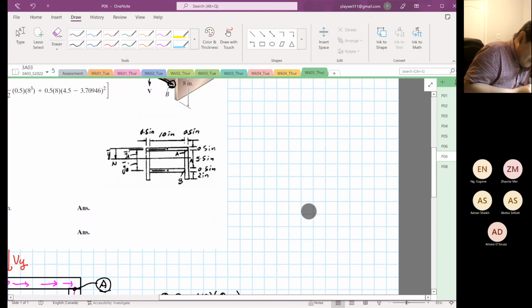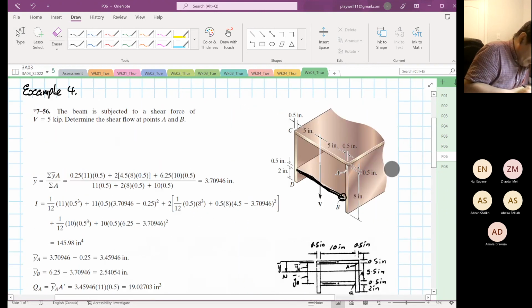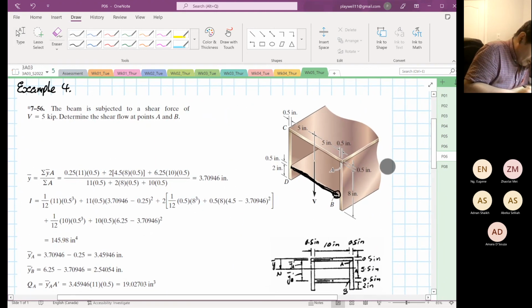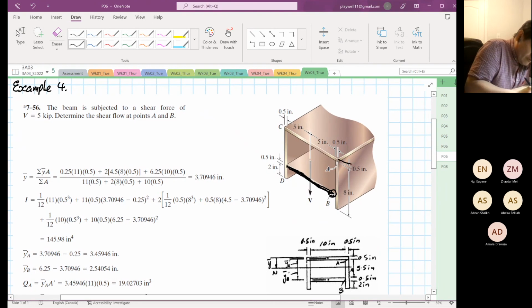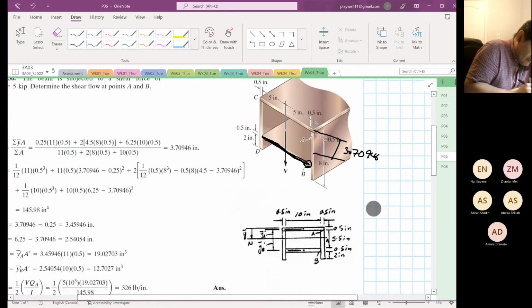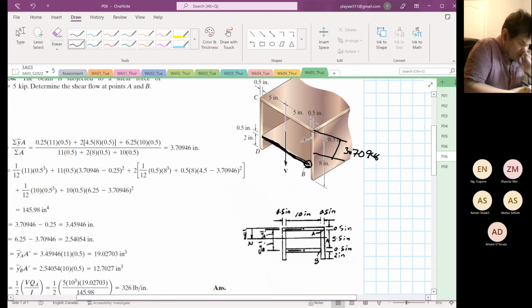And then the Y bar. From the top, I'm assuming, it's 3.70946.